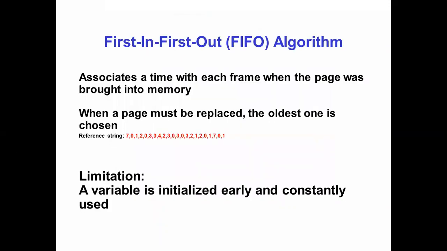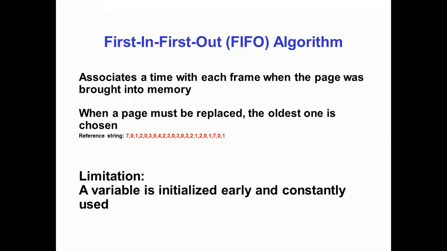Now, this is one of the processes for page replacement: first in, first out. There are various algorithms which we will use for the page replacement process. The first is the first in first out, FIFO, algorithm. What is the FIFO algorithm?